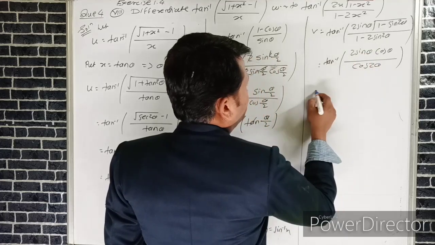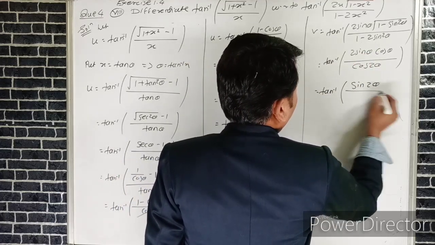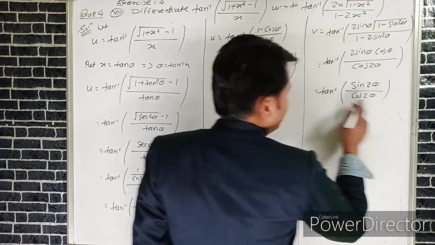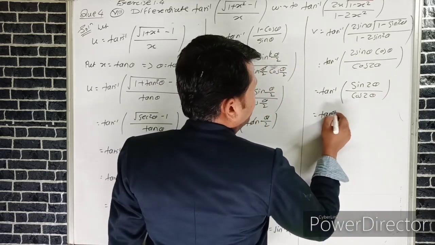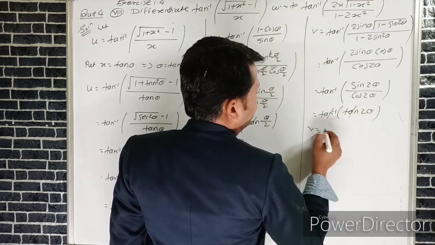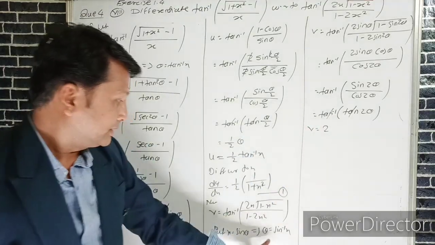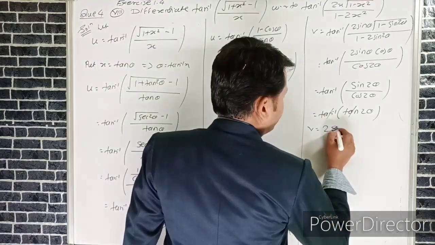The numerator 2 sin theta into cos theta is also sin 2 theta. So it is sin 2 theta upon cos 2 theta, and we can write it as tan inverse of tan 2 theta. Here tan inverse tan cancel. We get v is equals to 2 into theta, and the value of theta is sin inverse x.